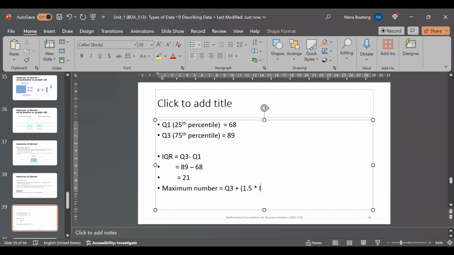That's 89, our Q3, plus 1.5 times our interquartile range of 21. Does it make sense?